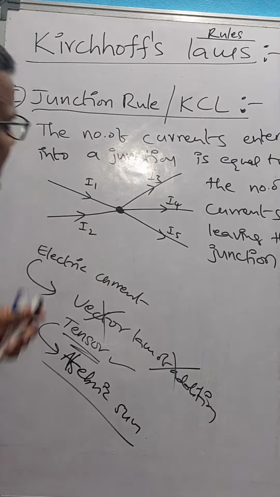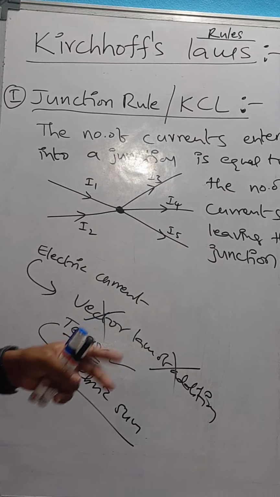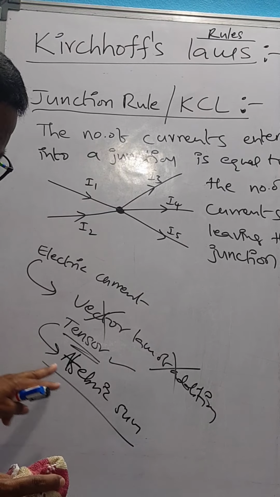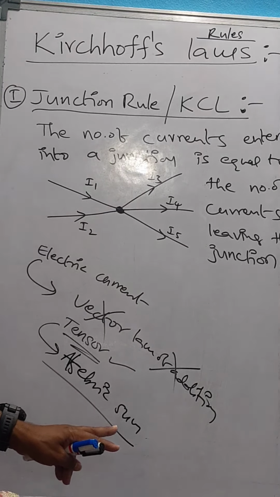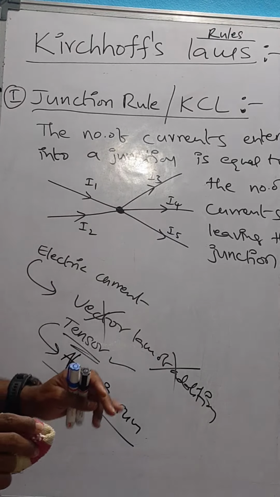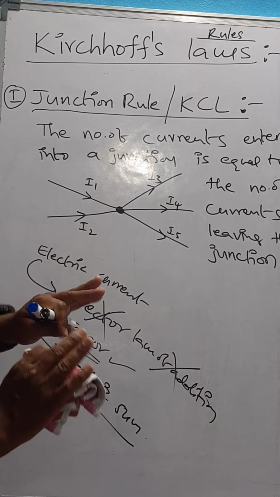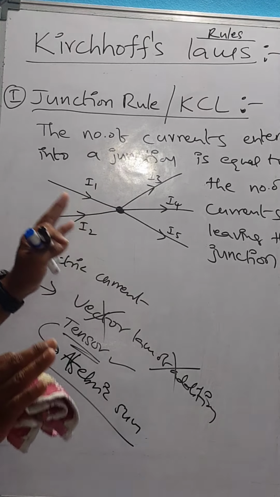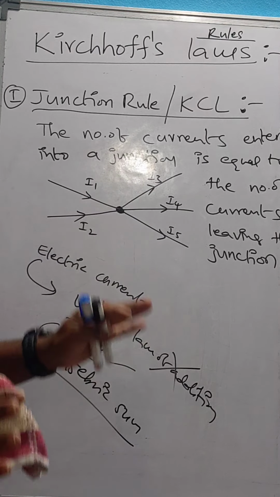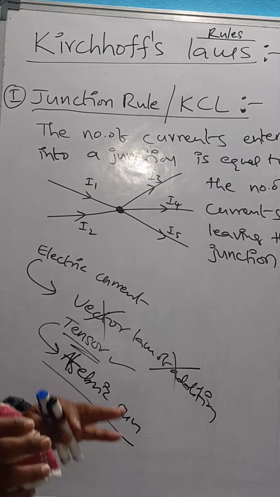So that's why the currents entering and leaving a junction can be added like a normal algebraic sum. Because electric current is a tensor quantity, it does not obey the vector law of addition, so we can't add them by vector addition. We can only add them as a normal algebraic sum.